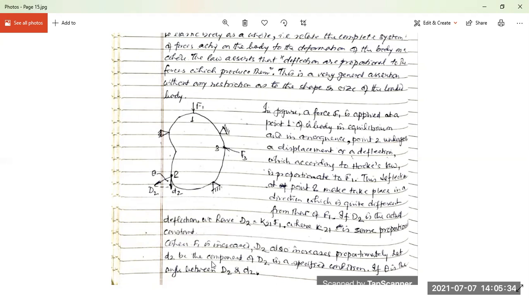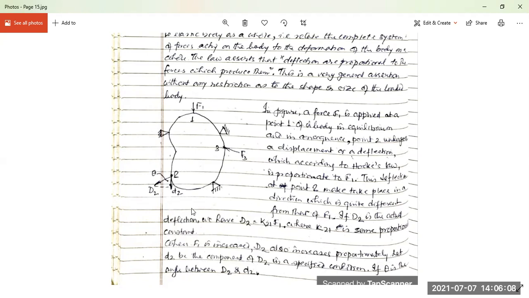Let small d2 be compared with the capital D2 in a specified direction. If theta is the angle between D2 and small d2, then the capital D2 is the actual deflection given by K21 into F1, and small d2 is the component of capital D2 in a specified direction itself.